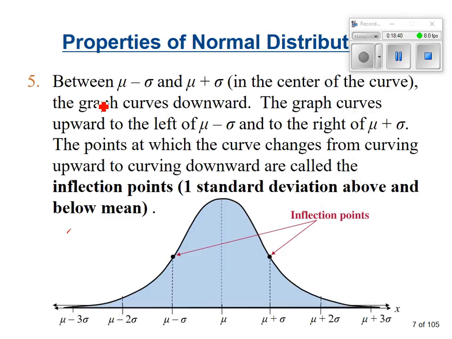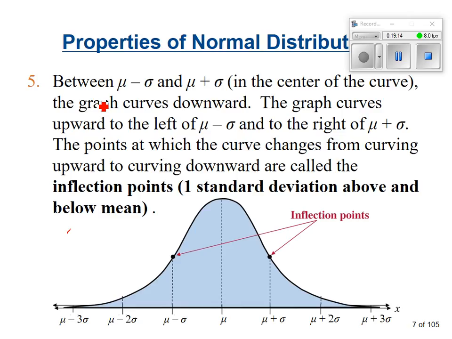All right, the fifth thing, these inflection points. I'm going to tell you how to find the inflection points. The inflection points are where the first standard deviation is: one standard deviation above, one standard deviation below. I really wouldn't write all this down because it's telling you that the curve changes direction as it gets to those inflection points.